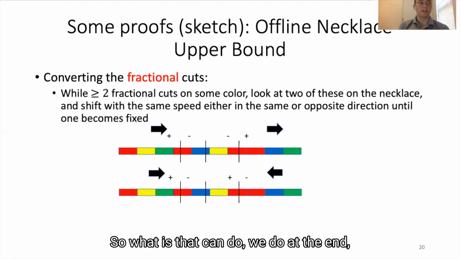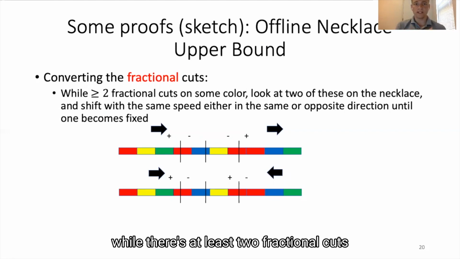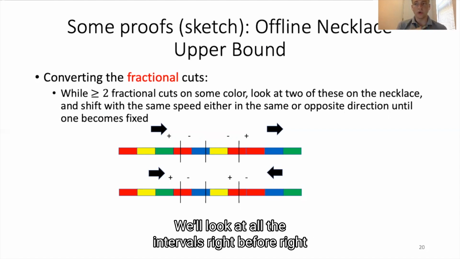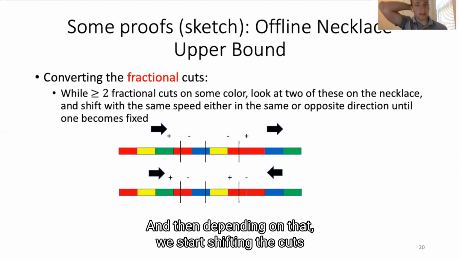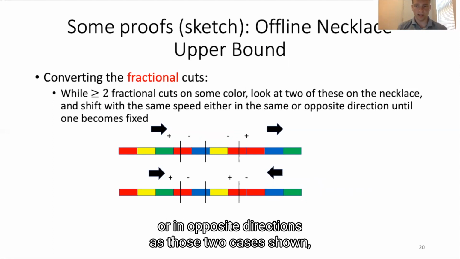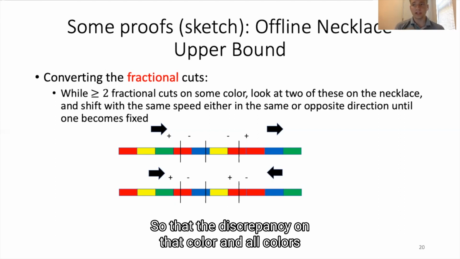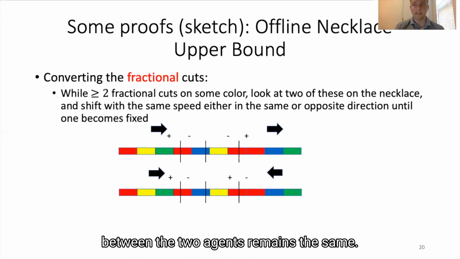So what exactly do we do at the end is that while there's at least 2 fractional cuts on some color, let's say the red color, we look at who owns the intervals right before and right after those cuts. And then depending on that, we start shifting the cuts with the same speed, either in the same direction or in opposite directions, as those two pictures show, so that the discrepancy on that color and on all other colors between the two agents remains the same.